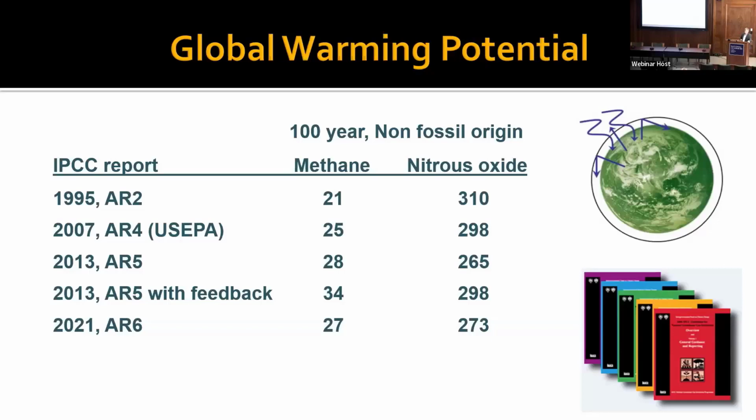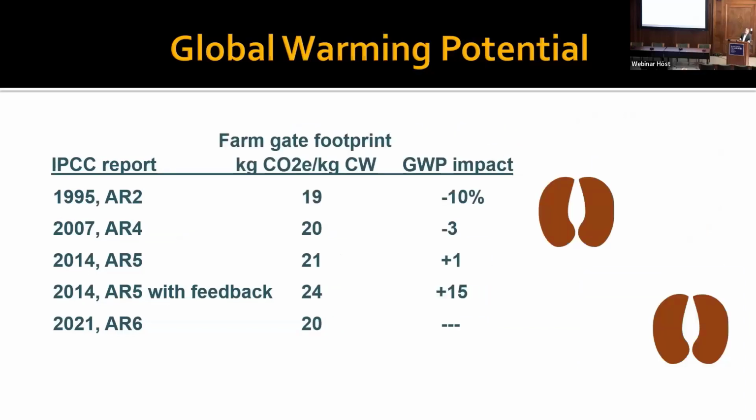The current ones are 27 and 273. If we apply those different factors to beef cattle production systems, this is how it would impact them. If we compare the AR5 without carbon feedback to the current AR6 that are now promoted, there's not a lot of difference.